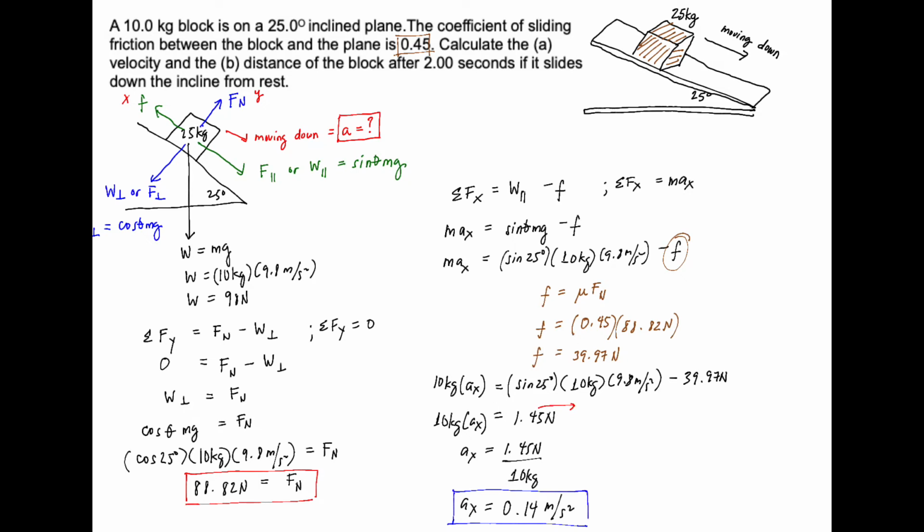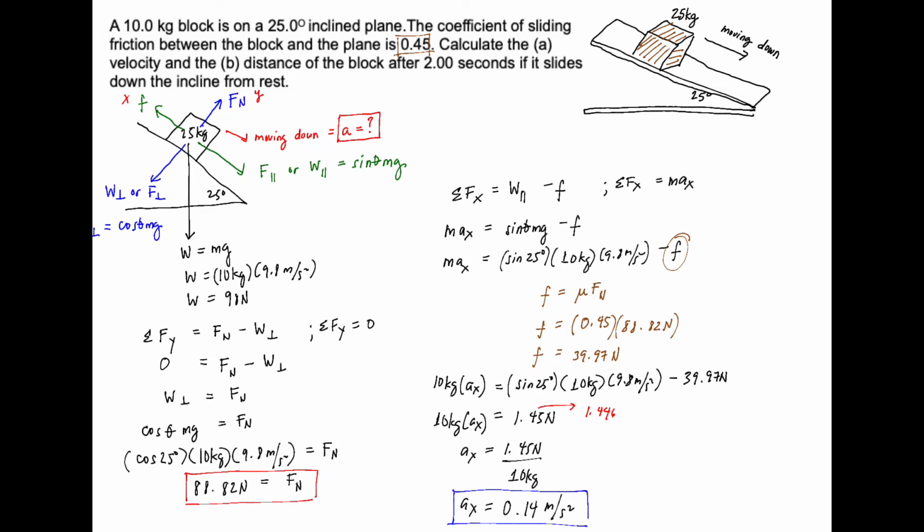This value is actually 1.446. Let me double check. Okay, this one is 1.446, and that would be best rounded off as 0.14 meters per second squared.